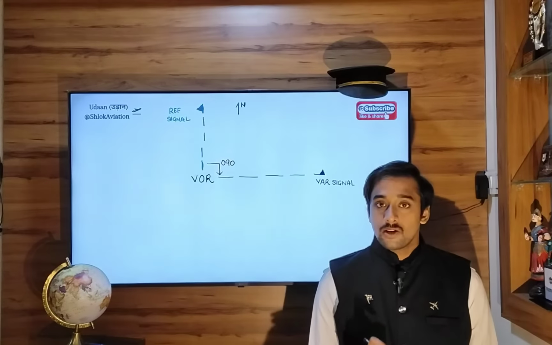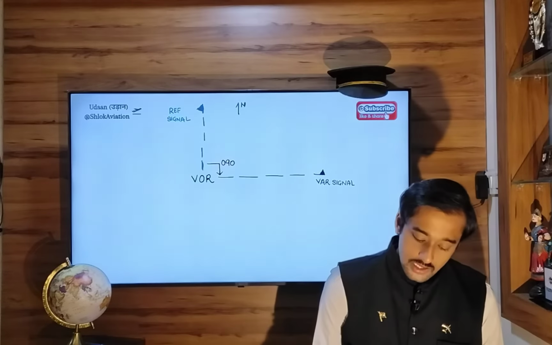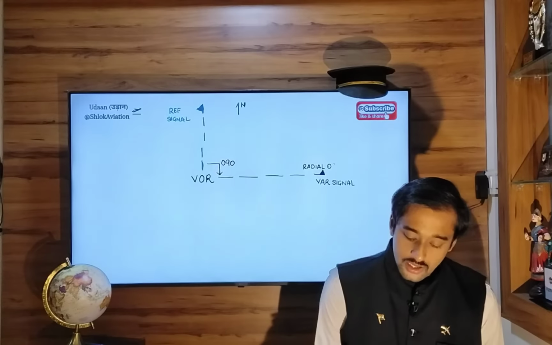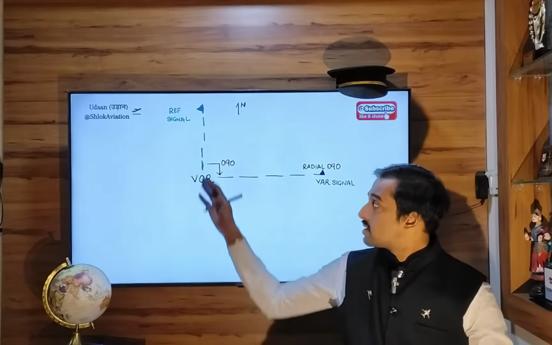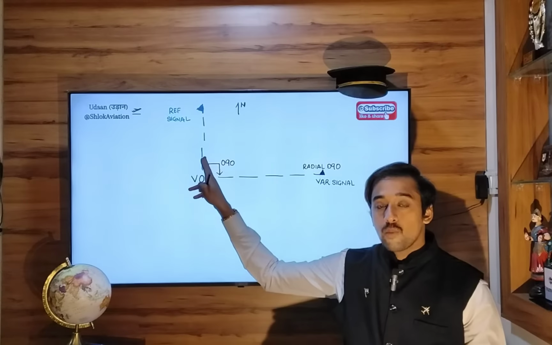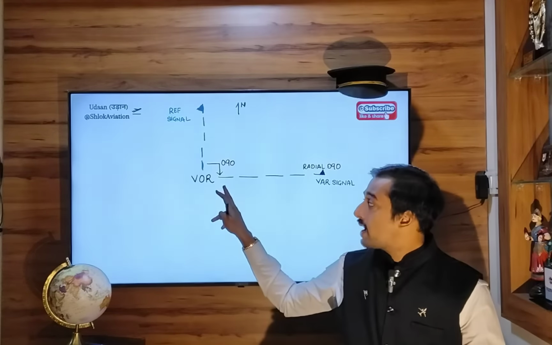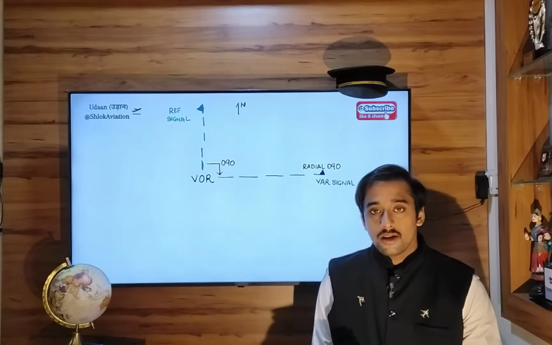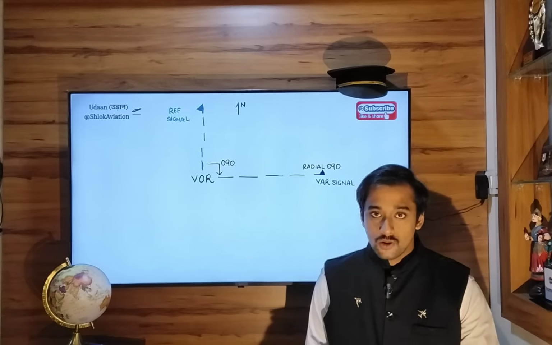So we call the phase difference 090. That means this particular radial will be radial 090. As you can see, here is your reference signal, over here there is the variable signal. Both are away from each other at an angle of 90 degrees, a phase difference of 90 degrees. We call it radial 090.